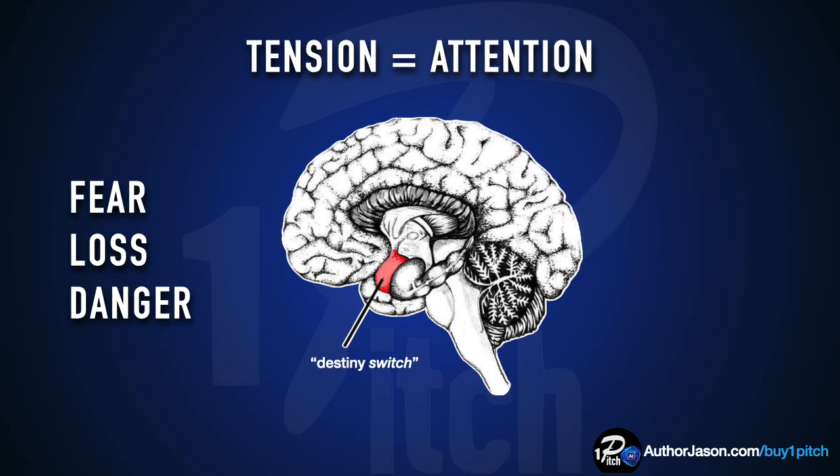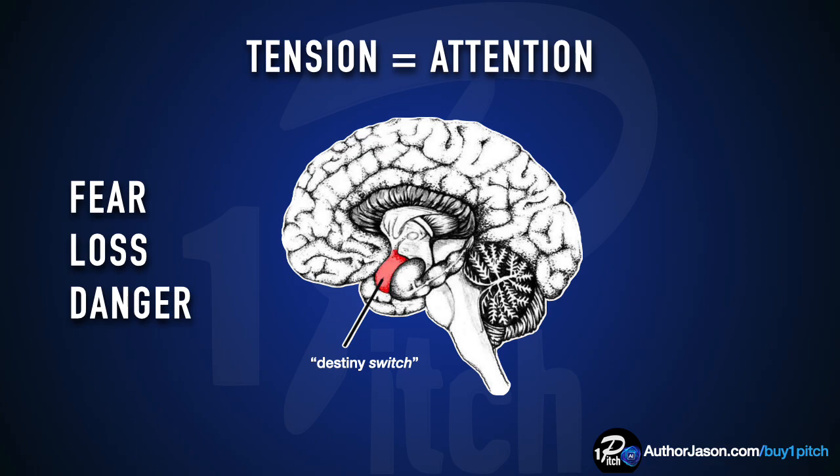So how do you get a massive amount of attention from your prospects, your potential customers, from the eyeballs that you're going to get from the strategy above? You've got to ask yourself, what are the things that your prospects are fearful of the most? Because the destiny switch is in control all the time.